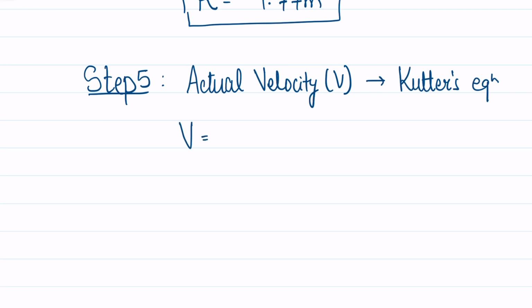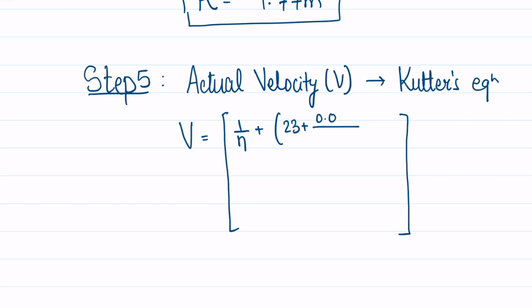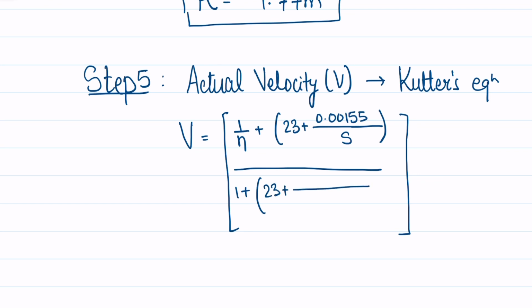So v will be equal to the Kutter's coefficient: 1 by n plus 23 plus 0.00155 by s, divided by 1 plus 23 plus 0.00155 by s into n by root r, into under root rs.